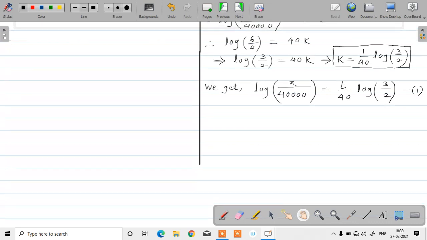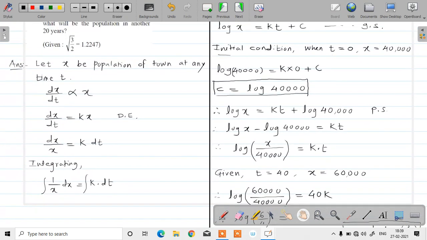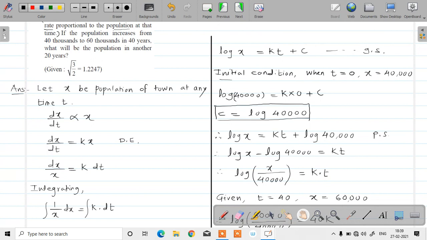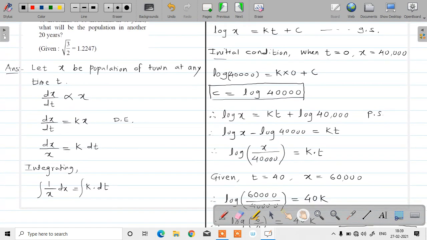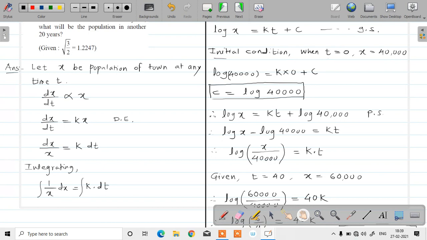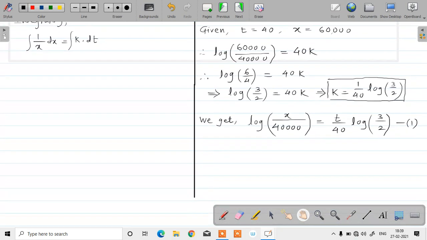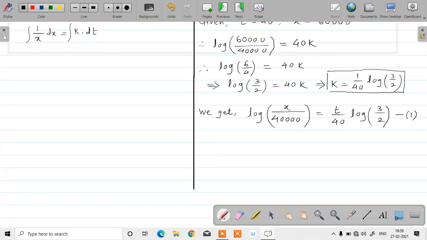Now the question is what? We have to find what will be the population in another 20 years. This is our question. Now 40 years are completed. Now we have to find out the population in another 20 years. So what is the value of t here? Another 20 years means we have to find out x, means population, when t is equal to already 40 completed plus 20, that is after 60 years.